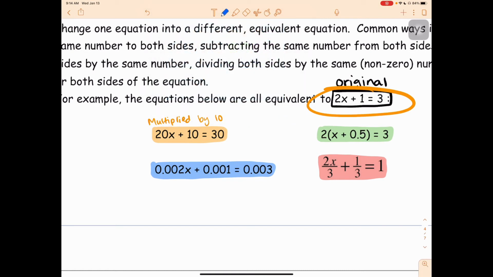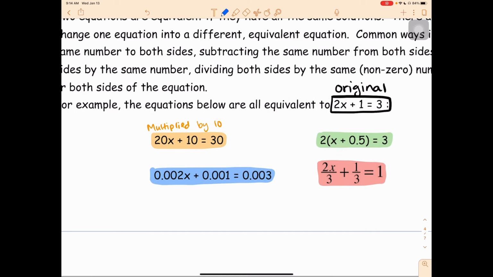So now to go from the original to the blue one, I had some students say multiply by 100 because they saw the 2 zeros here. So I was like, okay, well, let's try that. If we were to multiply the original by 100, distribute that. So we have 200x plus 100 equals 300.